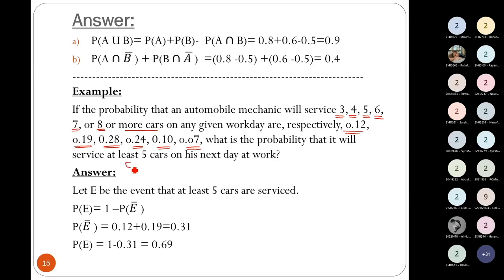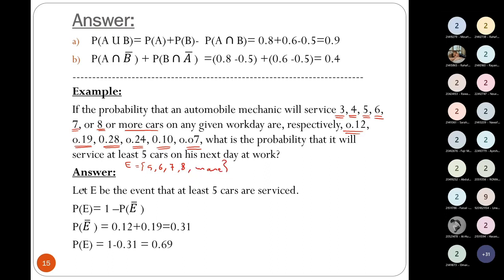At least 5 means the event here is servicing 5 or more: 5, 6, 7, 8 and more.